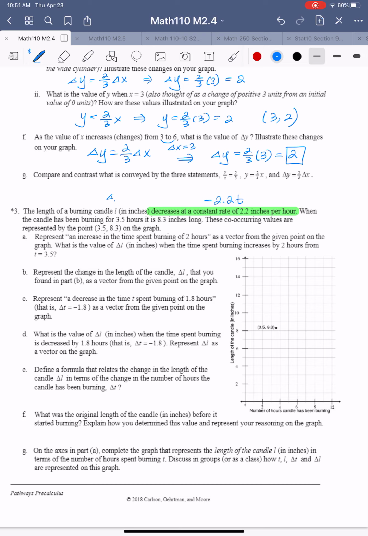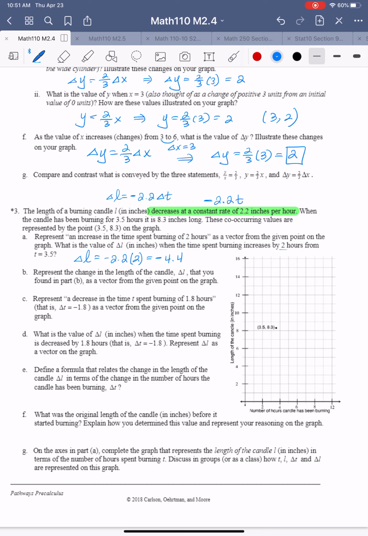So delta L is always negative 2.2 times delta T. So the time change is 2 hours, so delta L is negative 2.2 times 2, so it's been 4.4 inches of the candle decreased.